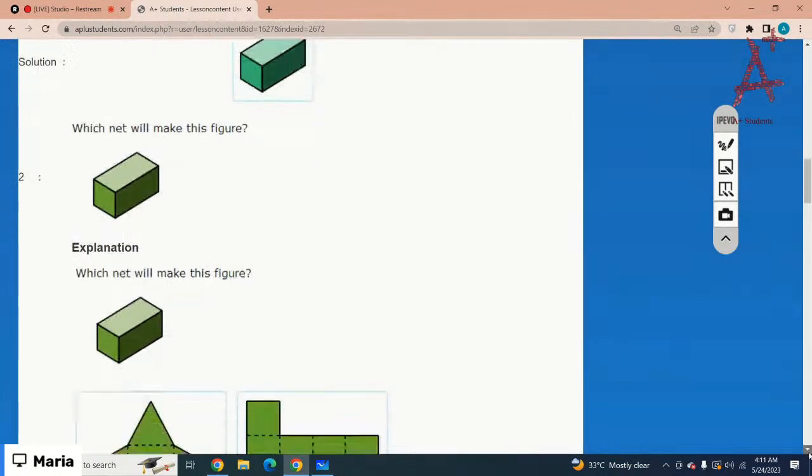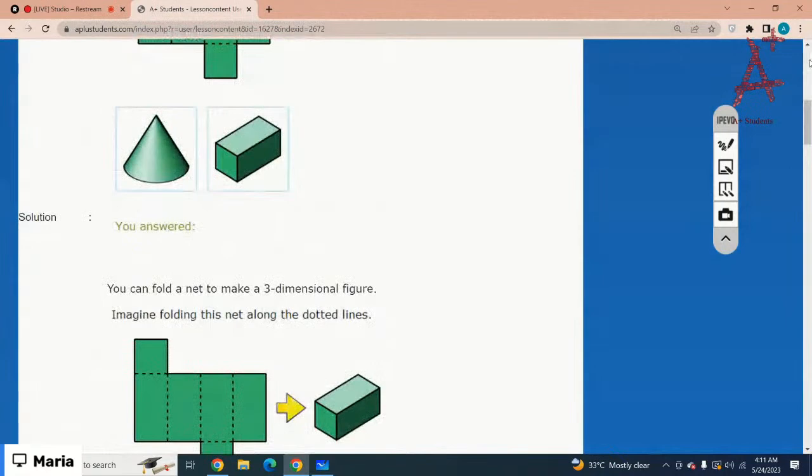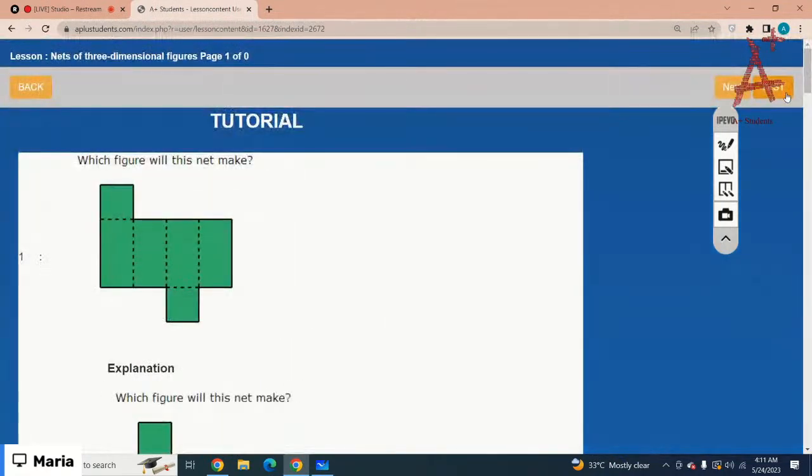Got it? Let's just start with the test questions. Basically, you have to fold and unfold the net to see what shape it makes. Got it?